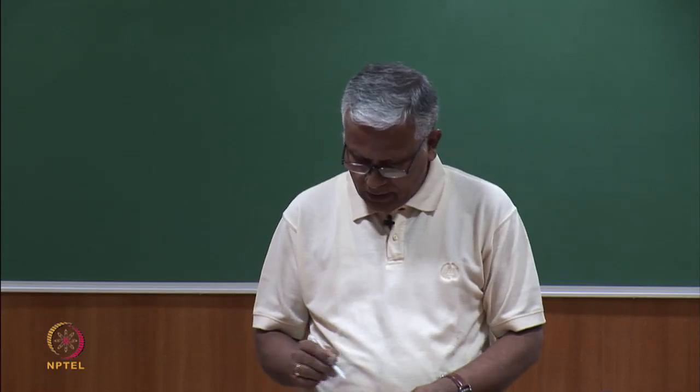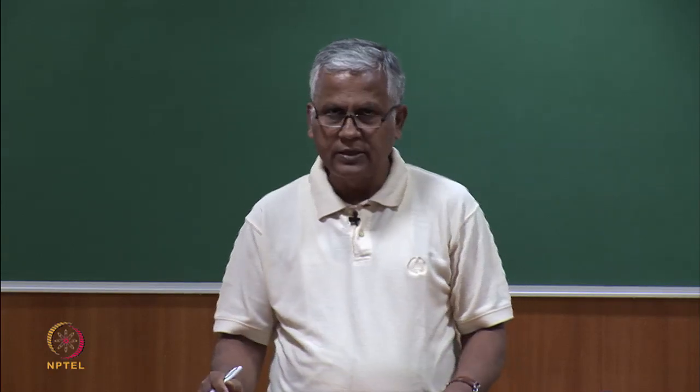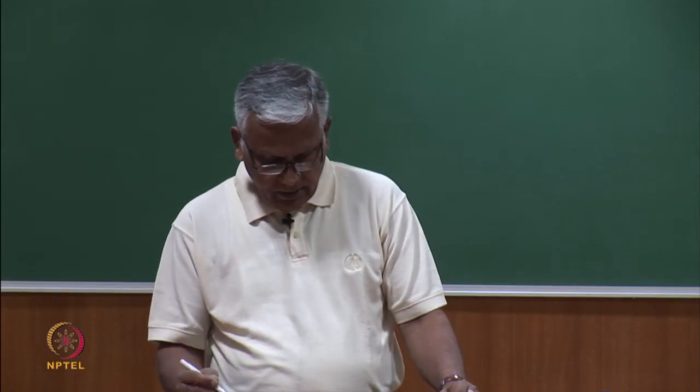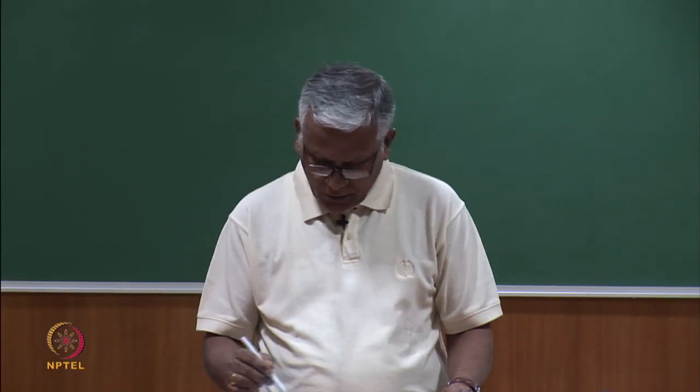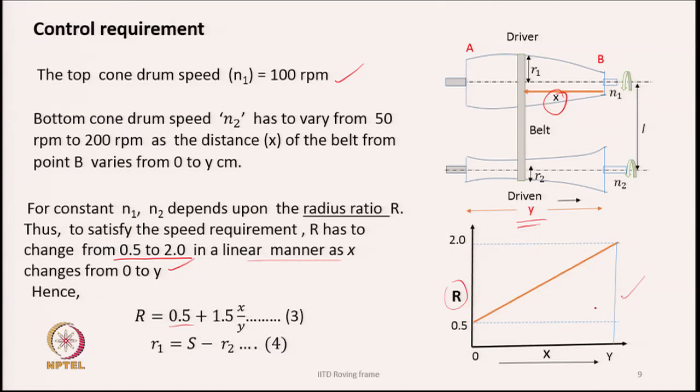R is 0.5, the intercept, plus the slope, which is 1.5 by y, multiplied by x to find the r value at any position x. So, it is 0.5 plus 1.5 by y into x.